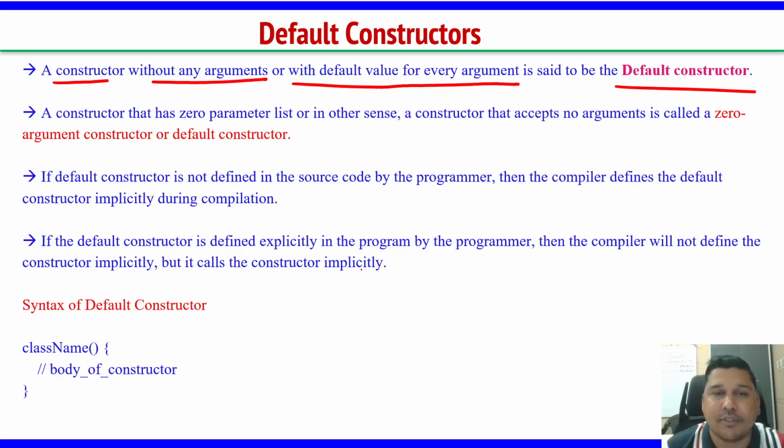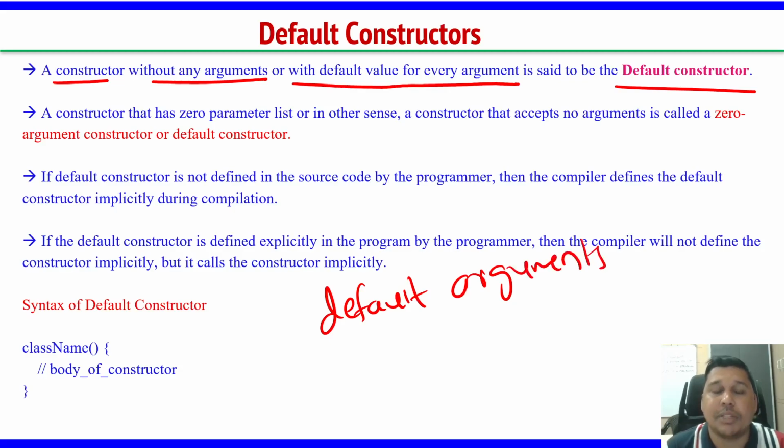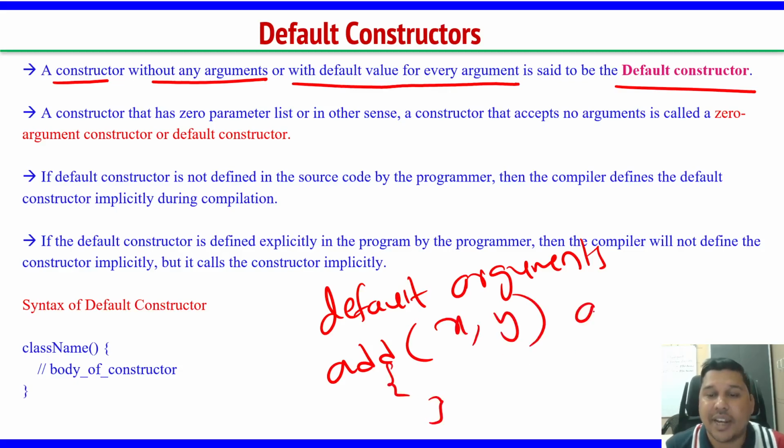I would like to highlight one point here. We studied default arguments to functions. See, when I have a function add, I can write x comma y and write the logic here. Even I can write like this, add x comma y equal to 0.